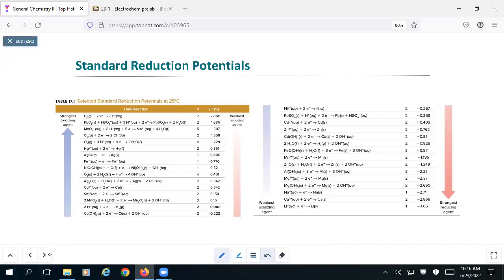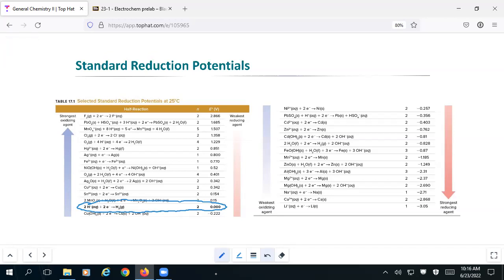In the middle, you've got the standard hydrogen electrode at 0 volts. And what we start to see after this is we start to see the rise of poor oxidizing agents, but good reducing agents on the flip side.